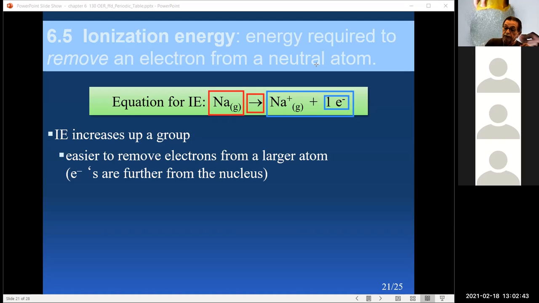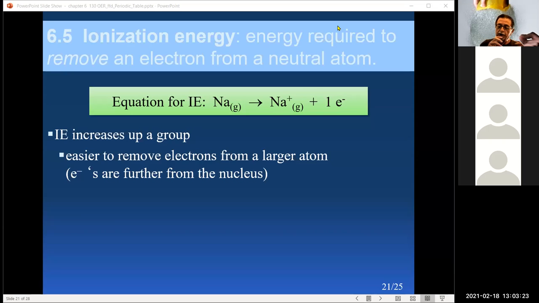Now, I hope you can pick up on something here that we've been talking about, that all metals lose electrons, and all nonmetals gain electrons. So if you give it some thought, you can do a relatively quick comparison between a metal and a nonmetal, because metals want to lose electrons.